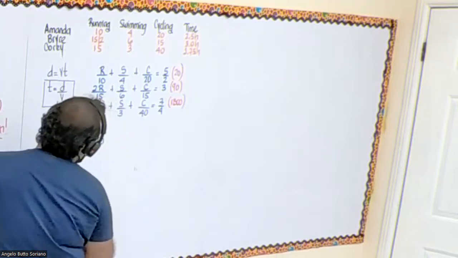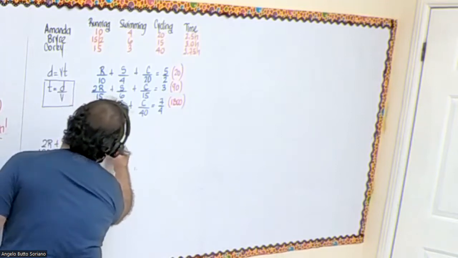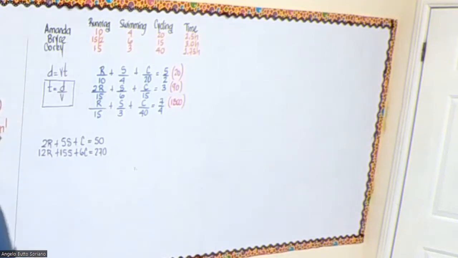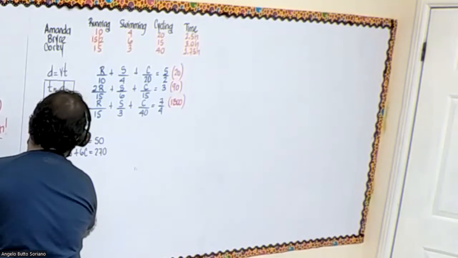That will be equal to 270, right? And the last one will be 1800 divided by 15, which is 120, so 120r.